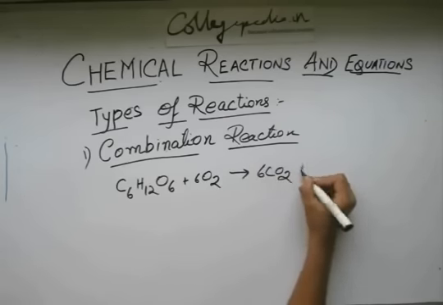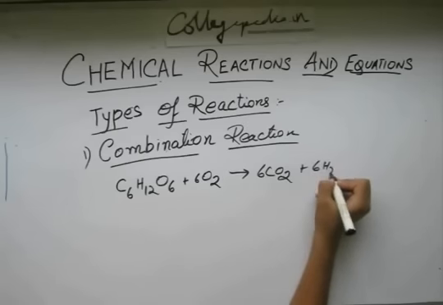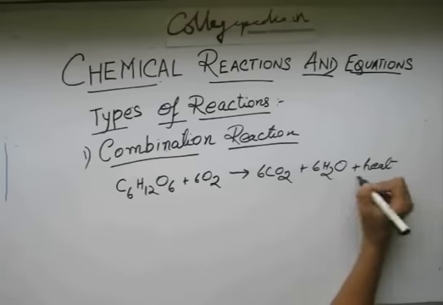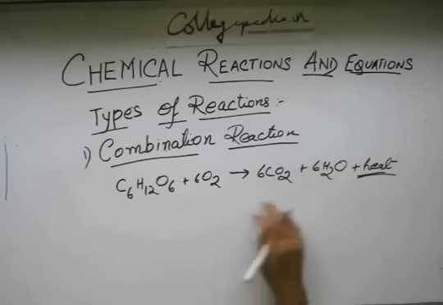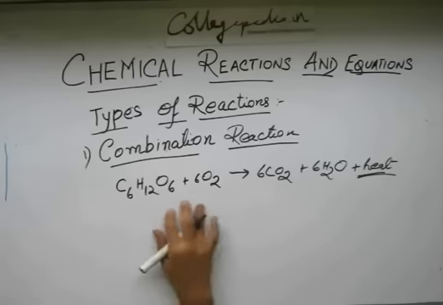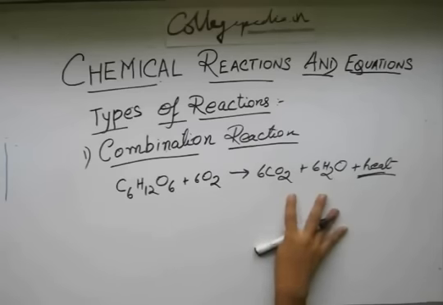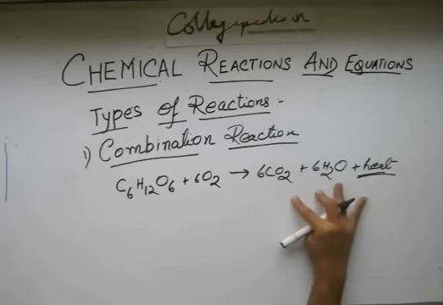I'm giving you the balanced reaction only. Just the exact opposite of photosynthesis. In this, oxygen and glucose combine to form two products, not one in this case. And of course heat is also a product.